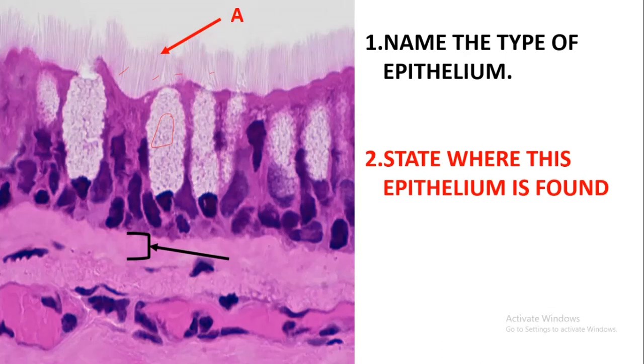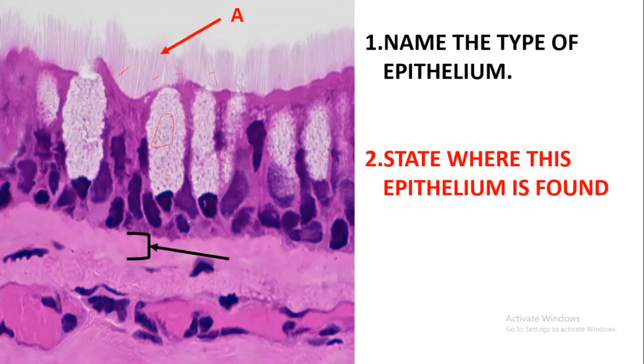So one thing I've observed is that there are things that you would have seen, but look at how it is projected. So if you look at this, what type of epithelium is it? Make sure that you comment in the comment section.